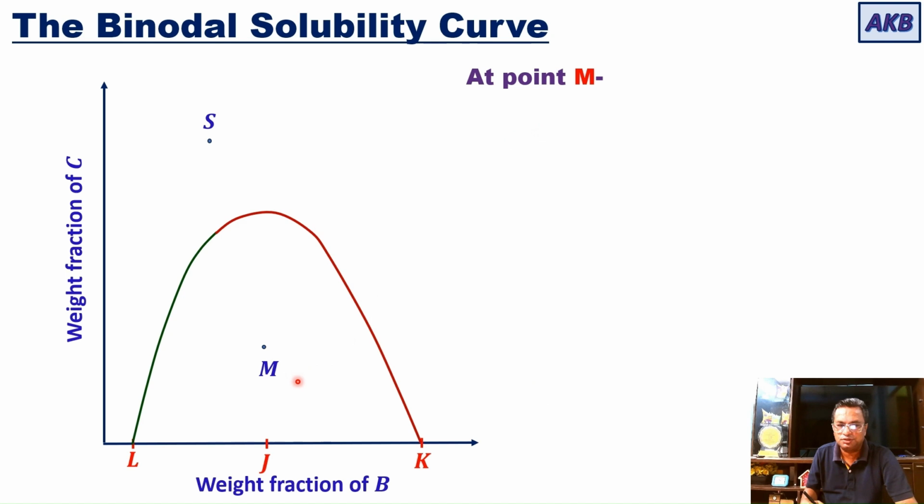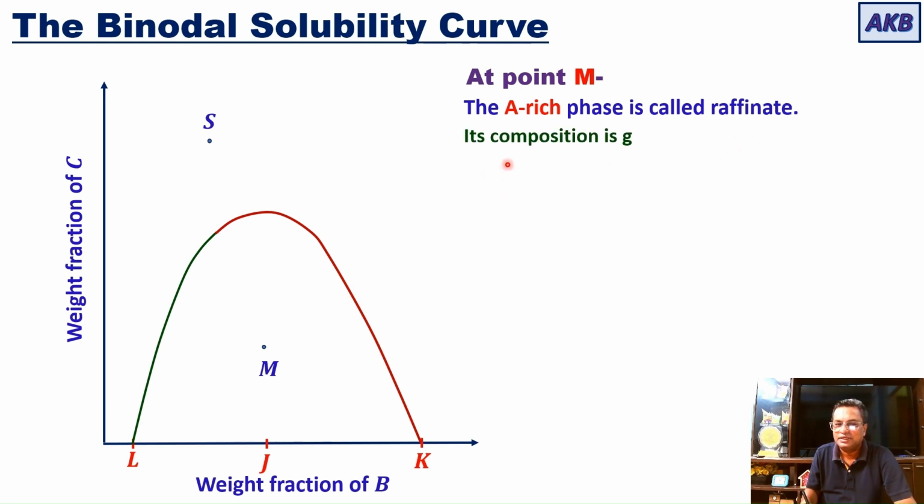Now let us talk more about point M. At point M, the A rich phase is called the raffinate phase, and its composition is given by point R, which now I'm going to show over here.